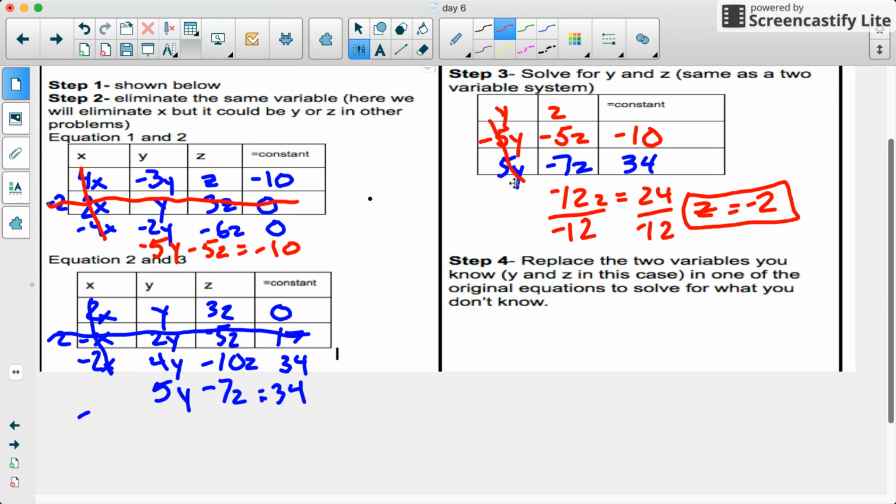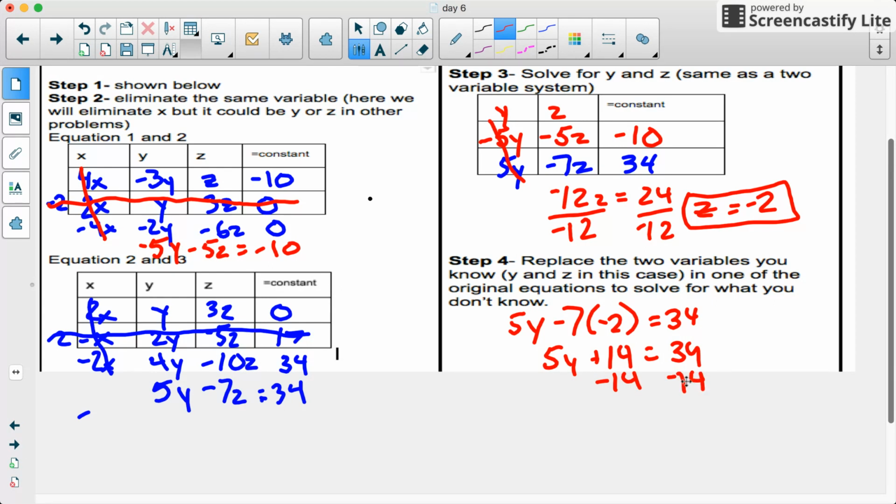I kind of like the second one, so that will look like 5y minus 7 times negative 2 equals 34, or 5y plus 14 equals 34. And then subtracting 14 from both sides gives me 5y equals 20, or y equals 4.